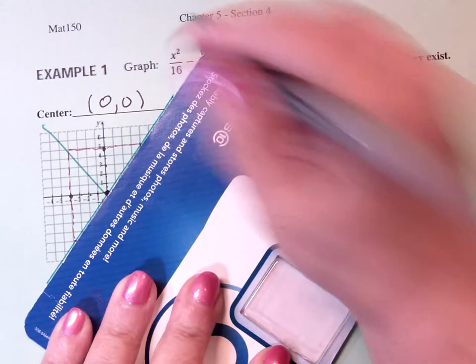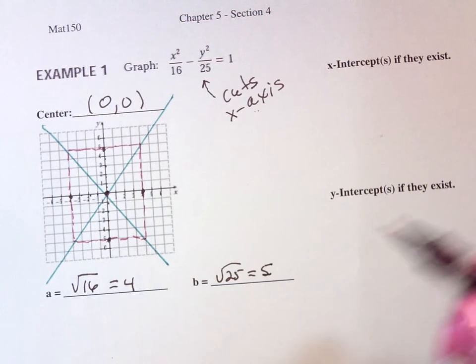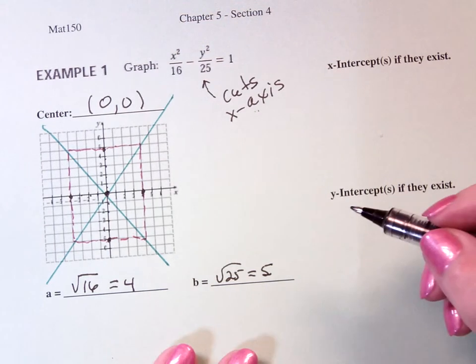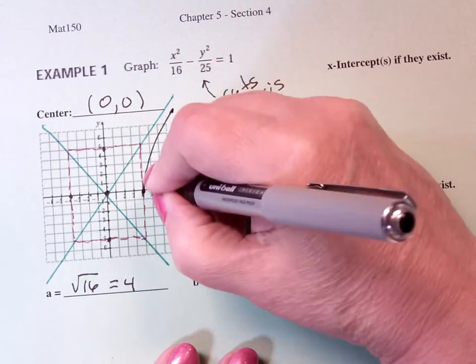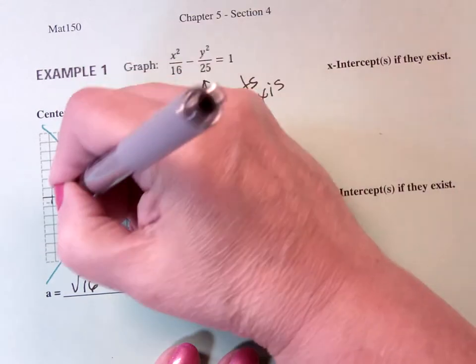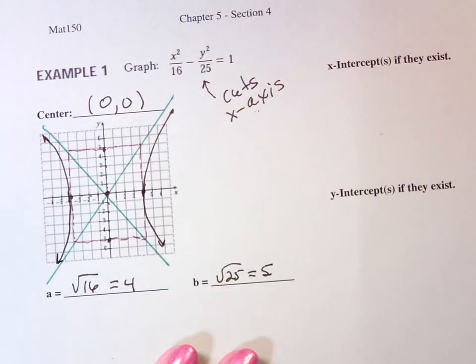There's the asymptote. So those are the two asymptotes. Now, does it cut the x-axis or the y-axis? The x-axis, so that means the hyperbola is here. So I didn't need the x-intercepts.